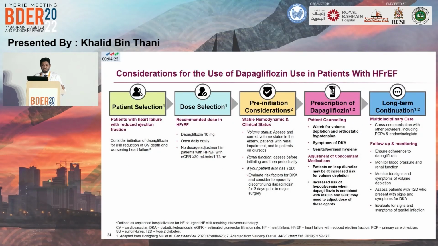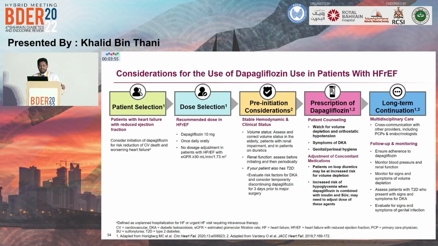So for the consideration of use of dapagliflozin in patients with heart failure, I think the main thing here is counseling the patient. Get your endocrinologist also on board, especially if the patient is a diabetic. Watch for volume depletion and orthostatic hypotension in these patients. Watch for symptoms of DKA, and also get the patient to know about genital and perineal hygiene.